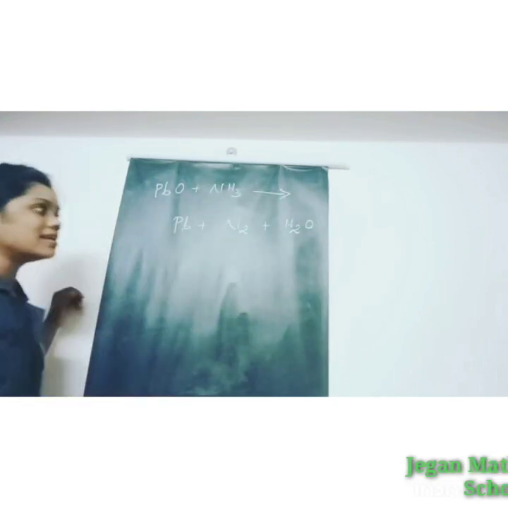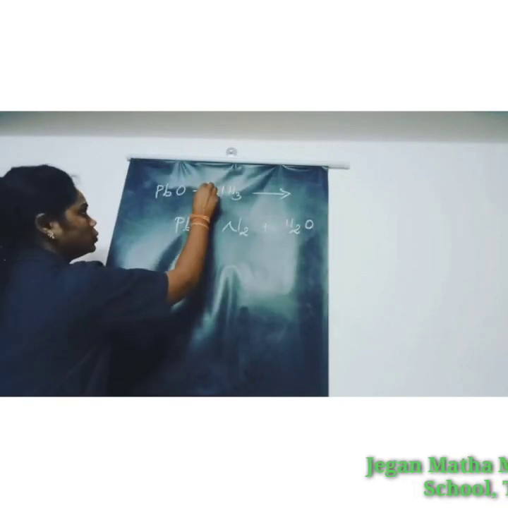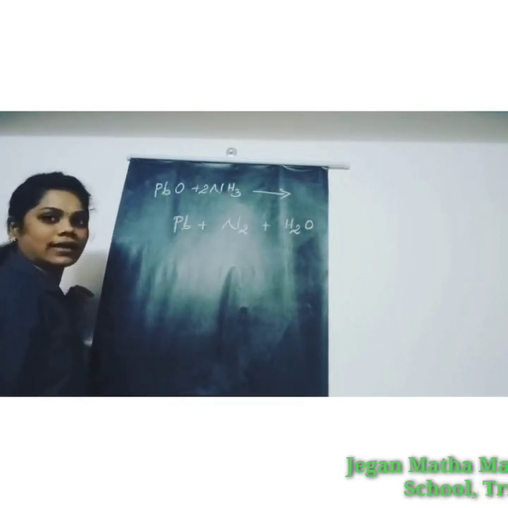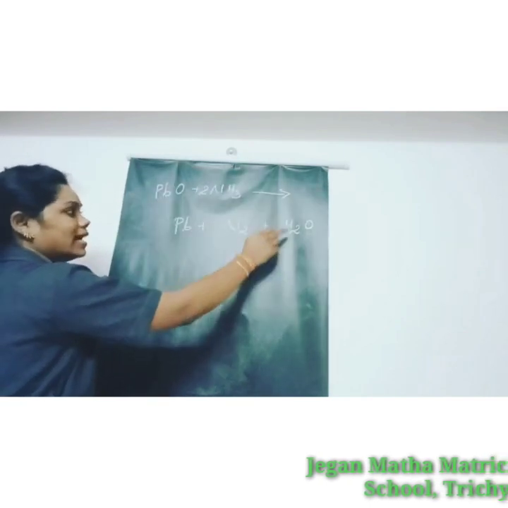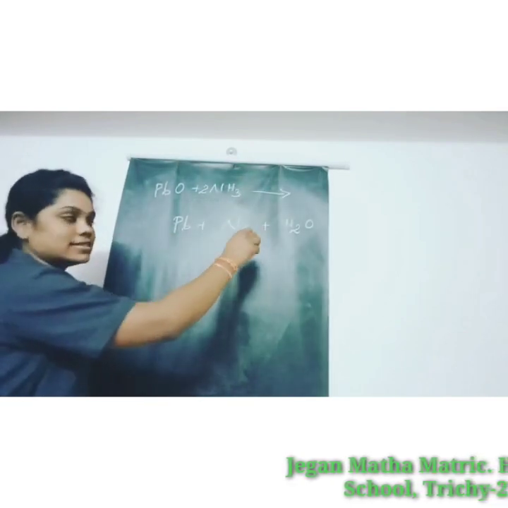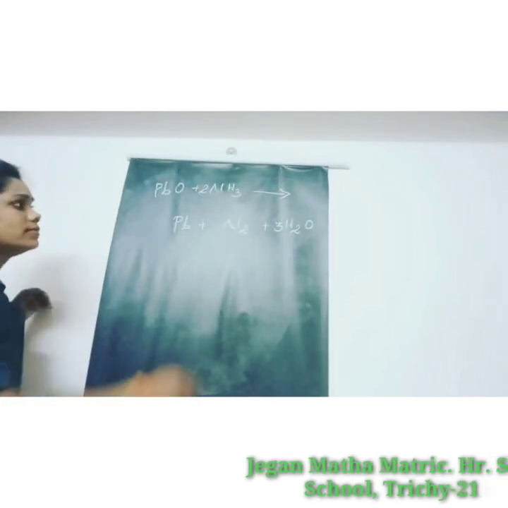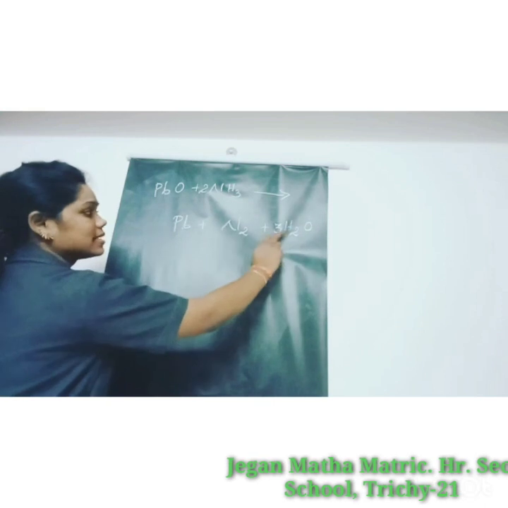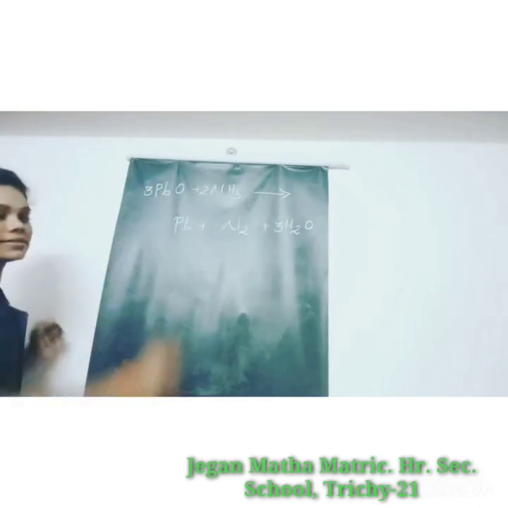Okay, how is the equation balanced? Here nitrogen 2 times, so 2 times of nitrogen. Then hydrogen is 3 2s are 6, but here only 2 times of hydrogen, so here 3 times. Now oxygen is 3 times, but here only 1 time, so 3 times of oxygen.